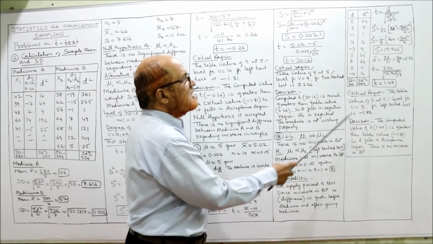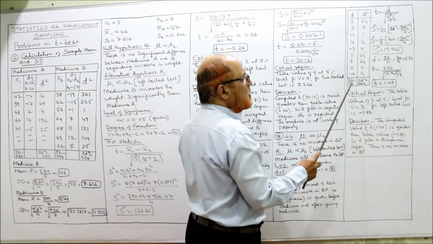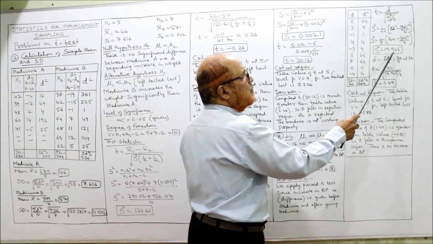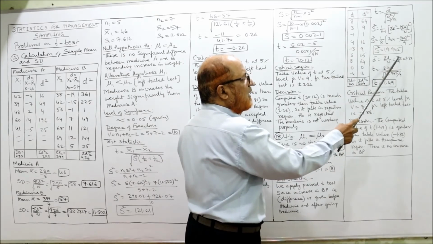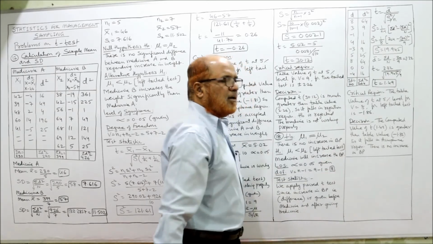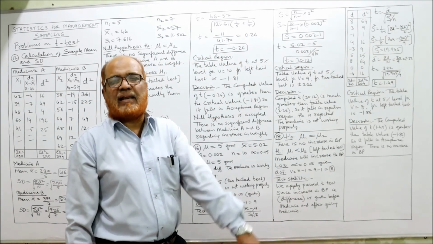So 9 minus 1 is 8. Summation D square 204, summation D 20 whole square by N. So S square you will get 19.945. D bar is summation D by N. 20 by 9 you will get 2.22. Substitute, you will get T value 1.49. So positive 1.49 is the computed value of T.